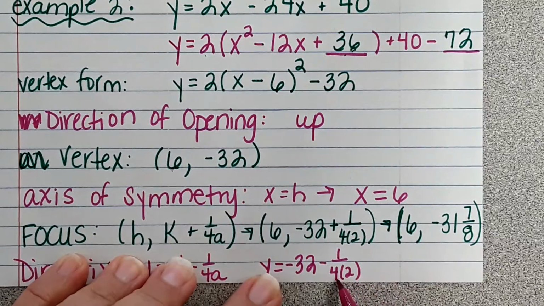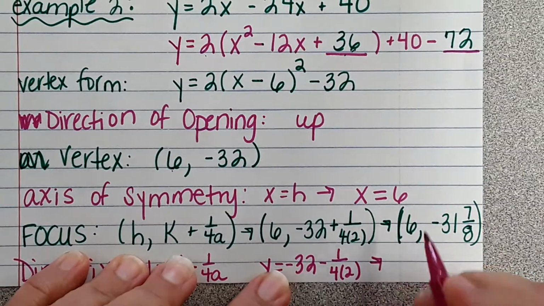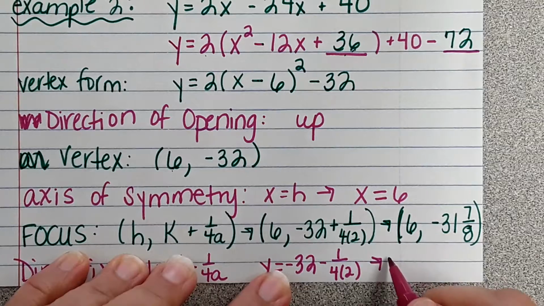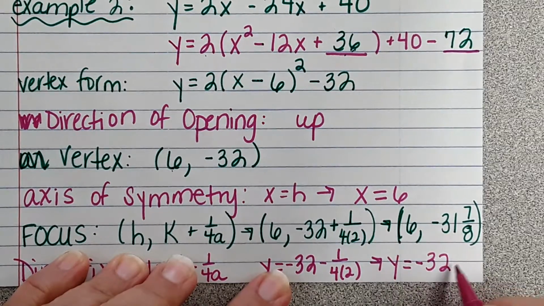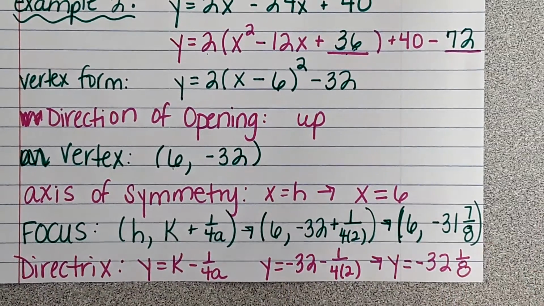Again, you guys, that 4 is already there. The a changes. This is k, this is a, and the directrix is also a line. So it's y equals negative 32 and 1/8. So you can start to see how everything is related.